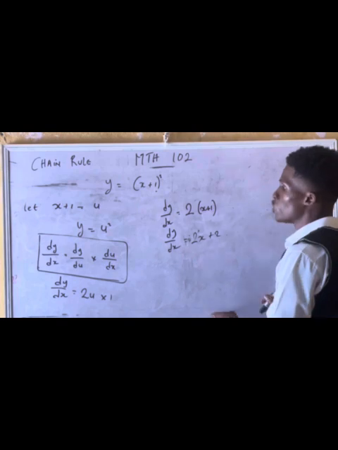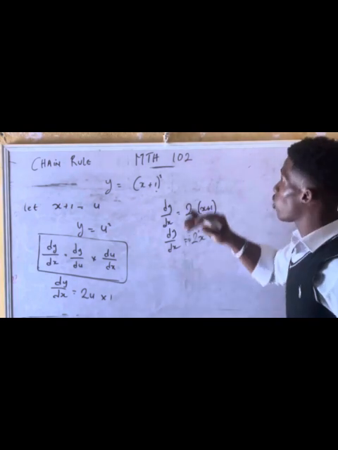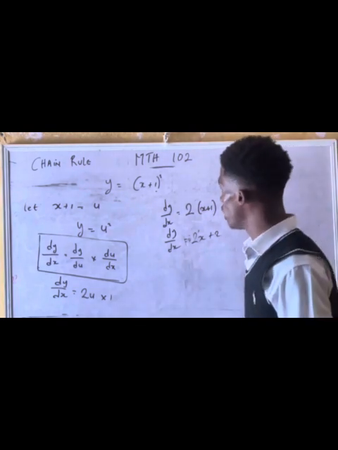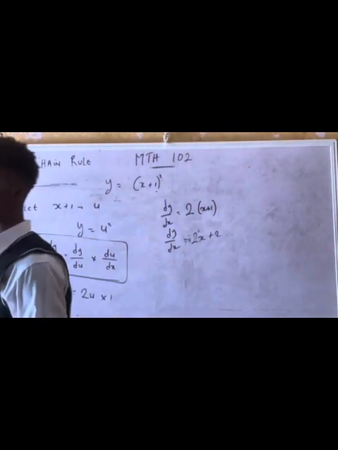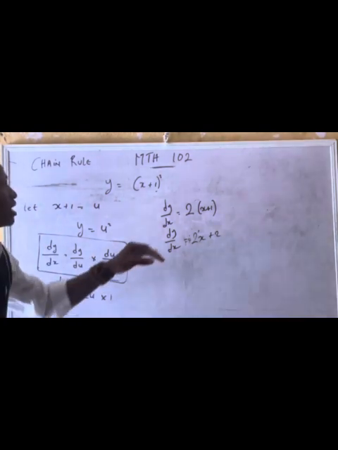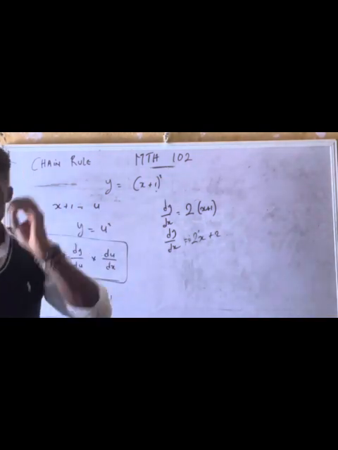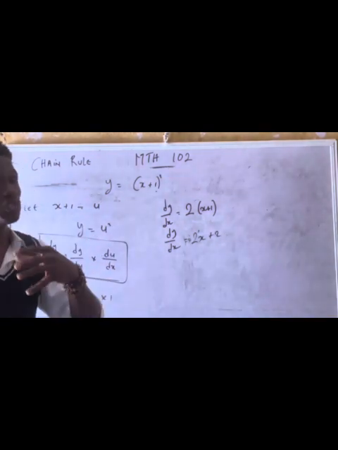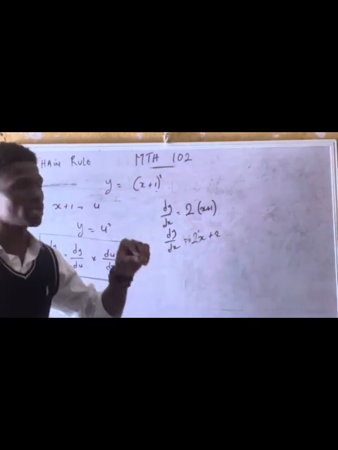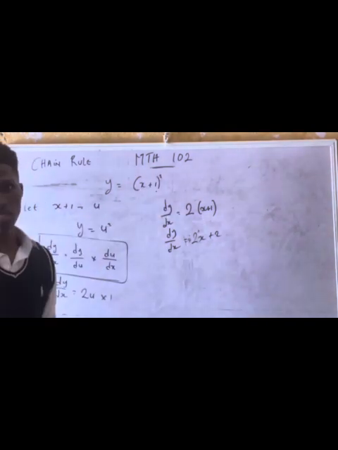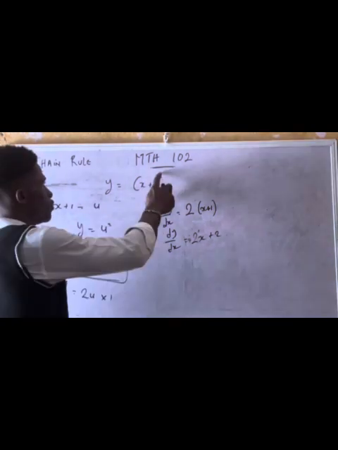So, like I said before, when do we use the chain rule? We use the chain rule whenever it is very hard, or very complex, to expand. Let's say, for example, we have this power 10 here.